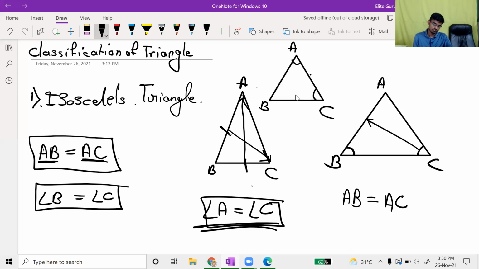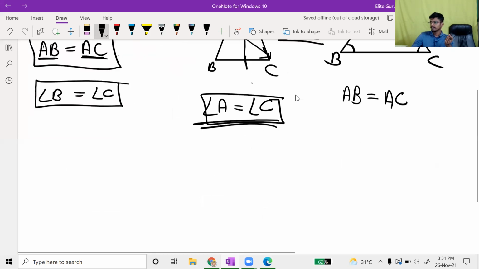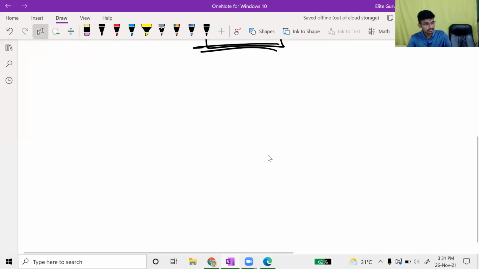BC, perfect. And A and B equal to A and B. I hope the properties are clear. Yes, sir. Okay. Now let's write the properties.